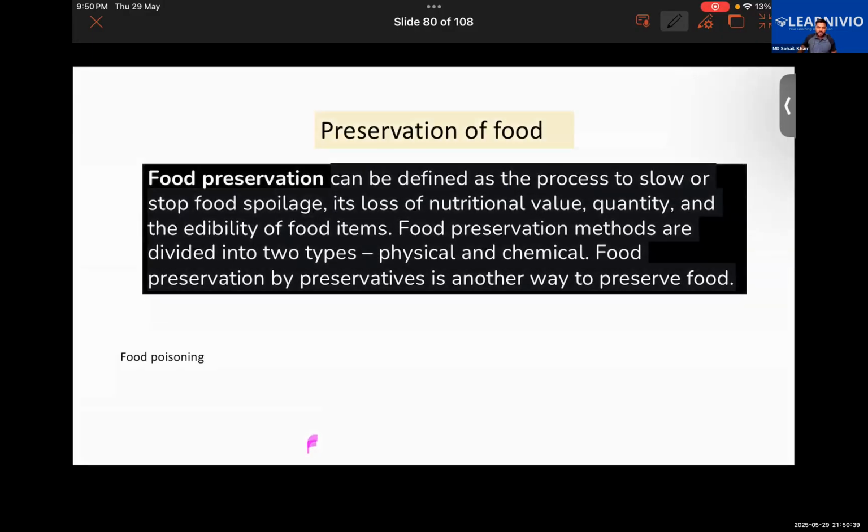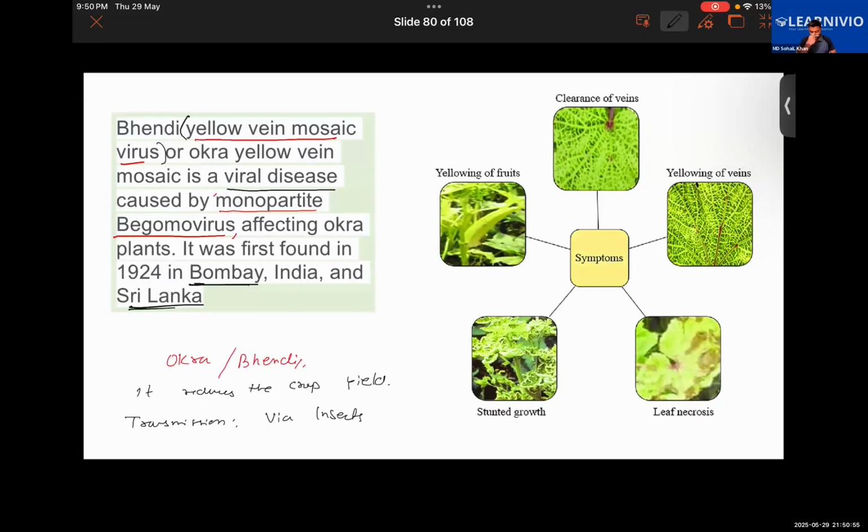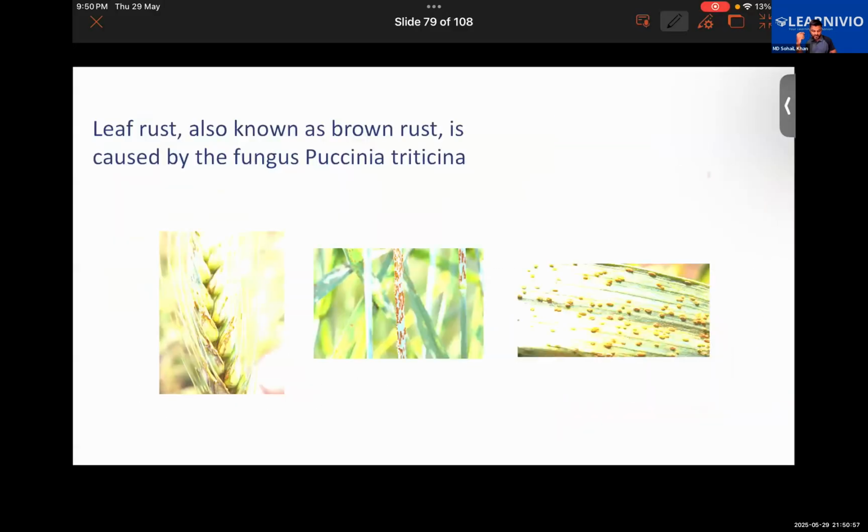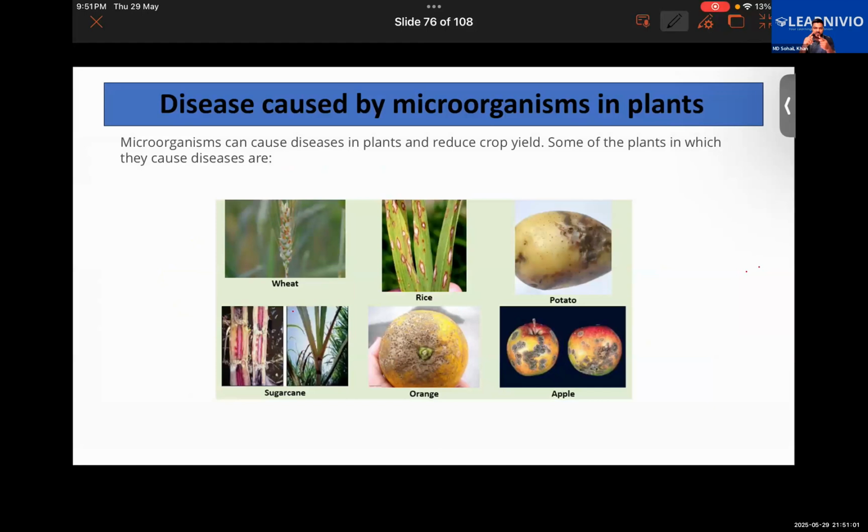So we had learned about different kinds of diseases that are caused by microorganisms in plants. Just like human beings and other animals, microorganisms cause diseases in plants also. So many plants get infected by microorganisms. There we have wheat, even rice plants get infected, potato, sugarcane, oranges, apples, and some other plants.